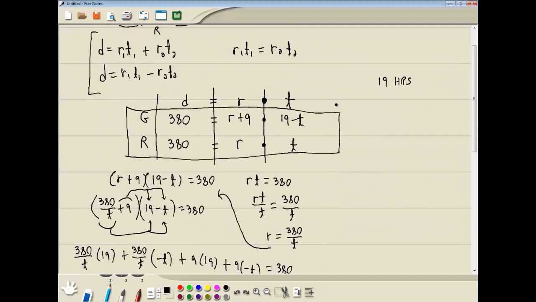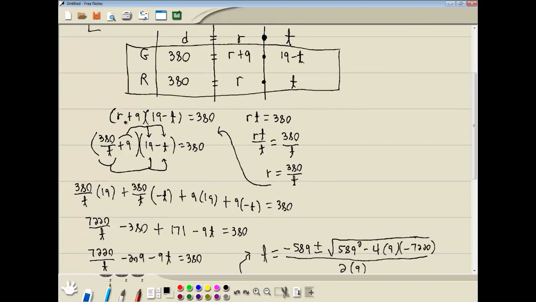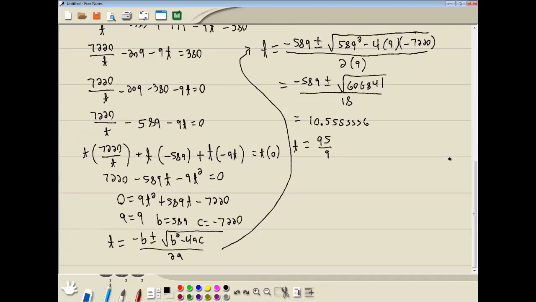Okay, so I come back up here, and here's my two formulas. So to find what r is, I can now plug it in at this point right here. R is equal to 380 over t. So I'll put 95 over 9 there.